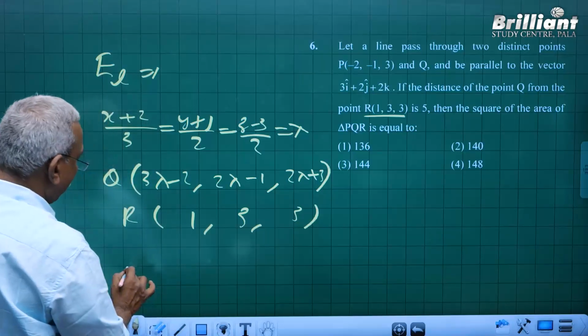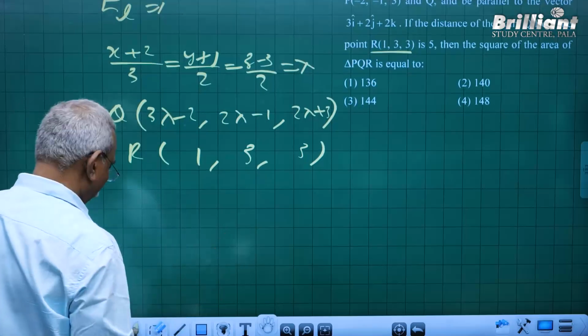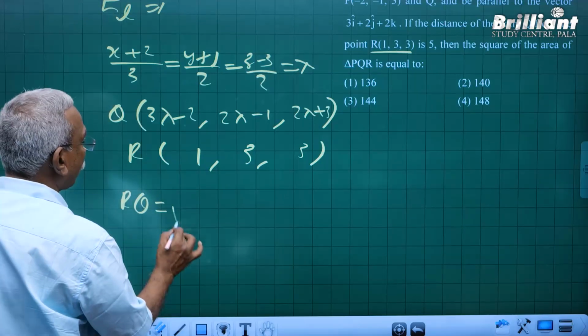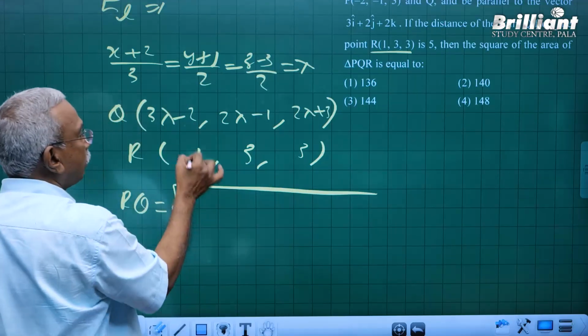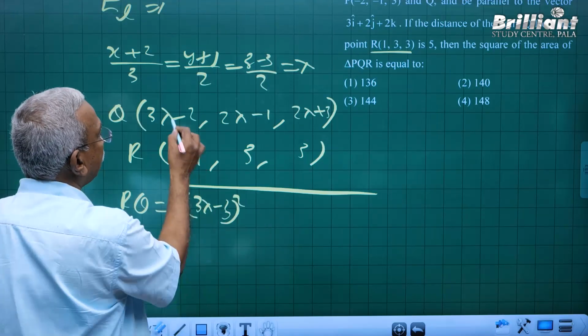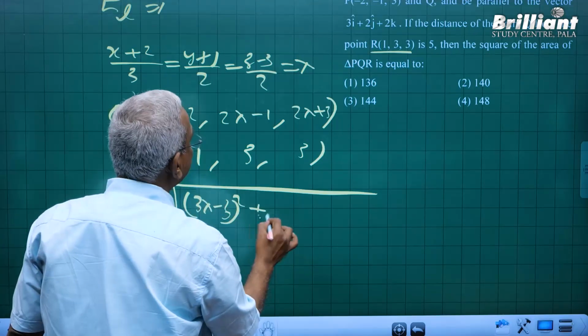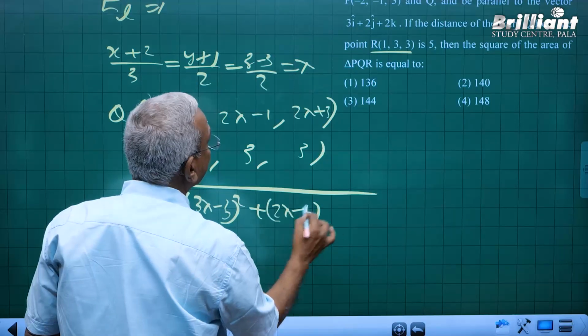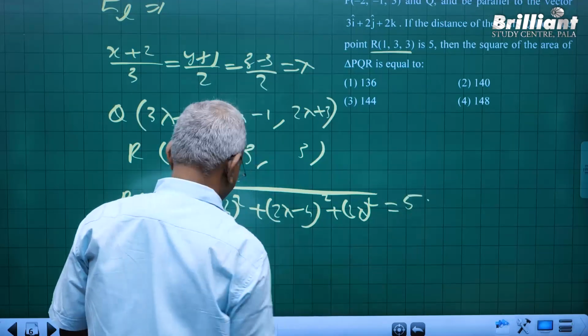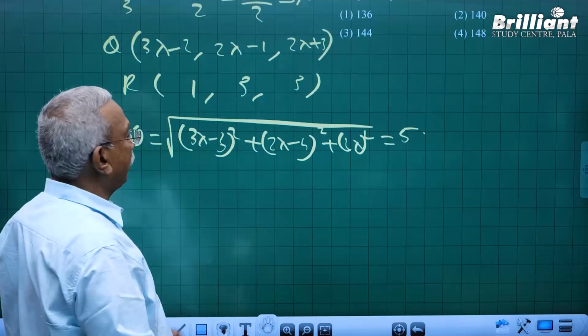So what is our distance RQ? RQ is equal to the root of the sum of squared differences: (3 lambda minus 3) the whole square, plus (2 lambda minus 4) the whole square, plus (2 lambda) the whole square, which is given as 5. So we can solve for lambda.